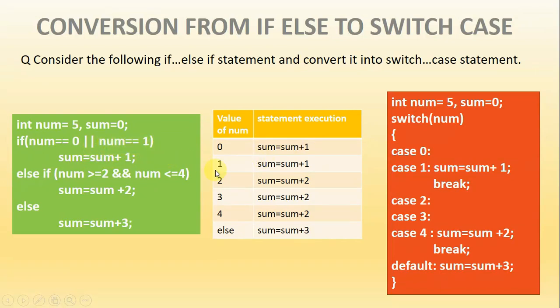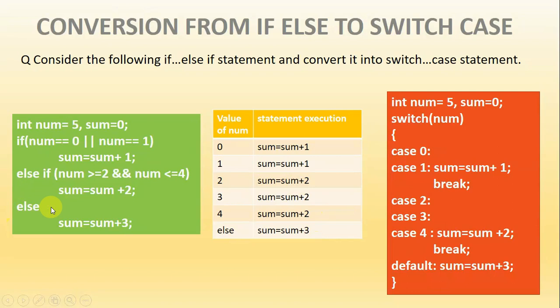For num equal to 1, again the same statement is getting executed, so I have written the same expression here also. For values 2, 3 and 4, sum = sum + 2 is getting executed. For the value 2, sum = sum + 2. For value 3, sum = sum + 2. And for 4 also, sum = sum + 2.